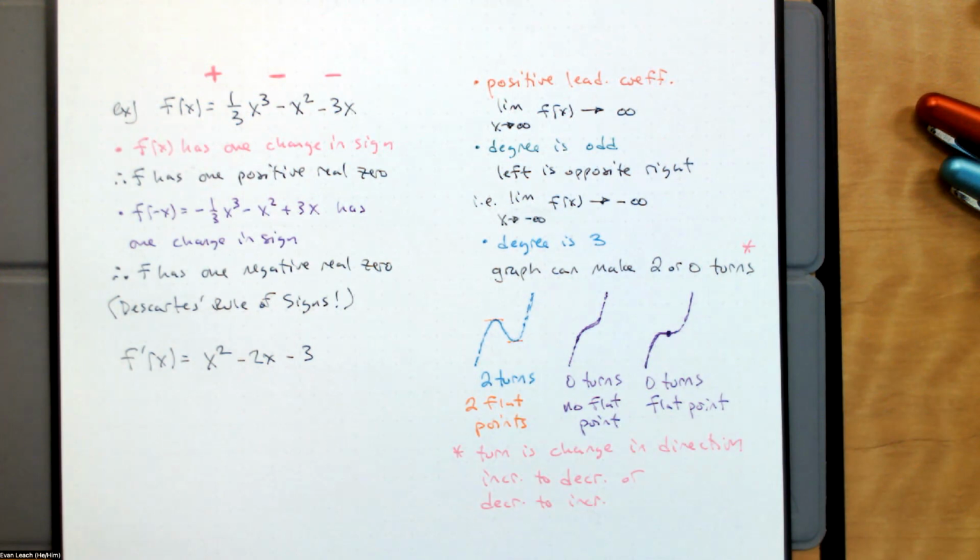We can figure out where the function is flat by setting this equal to 0 and solving.